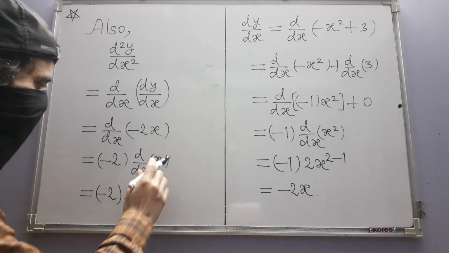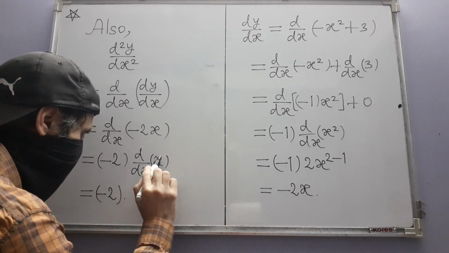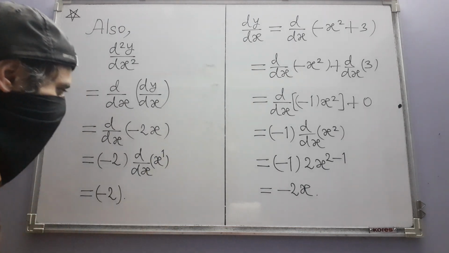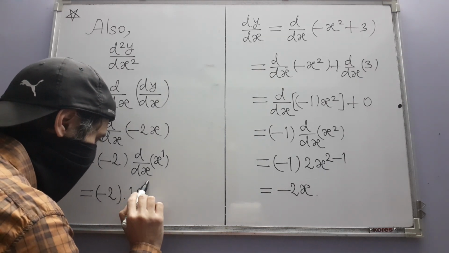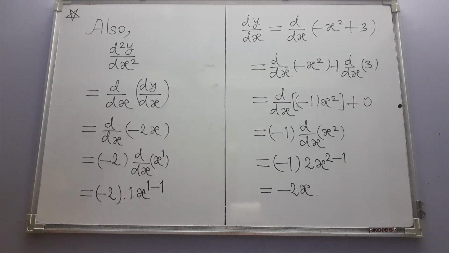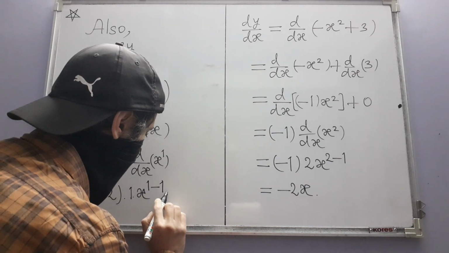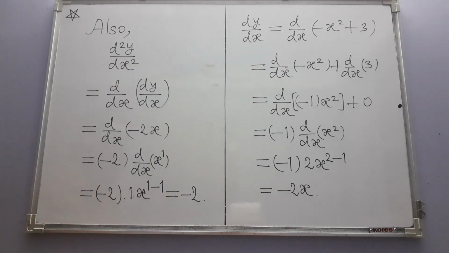The derivative of x with respect to x is 1, but how does that 1 come? Remember that here you have one exponent. 1 times x to the power 1 minus 1, which is x to the power 0, which is 1. So ultimately, you have minus 2.